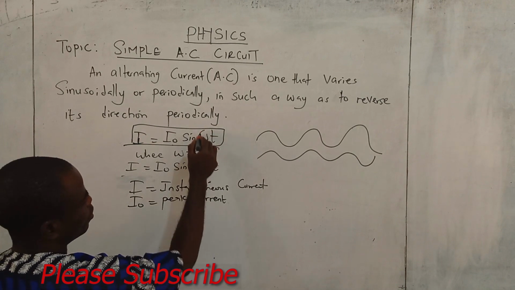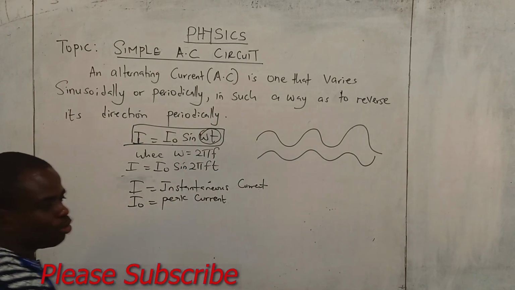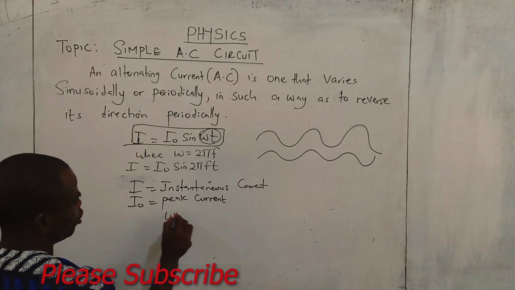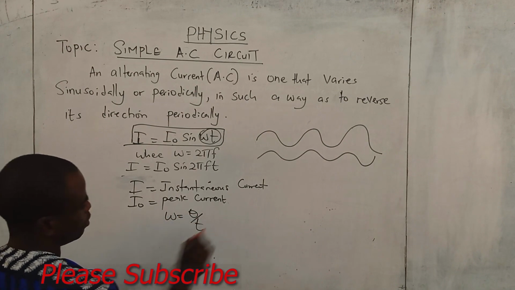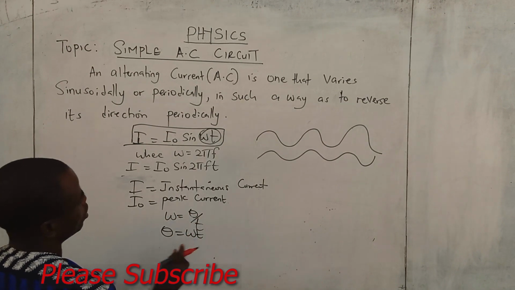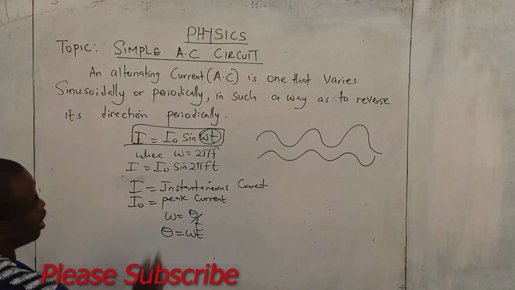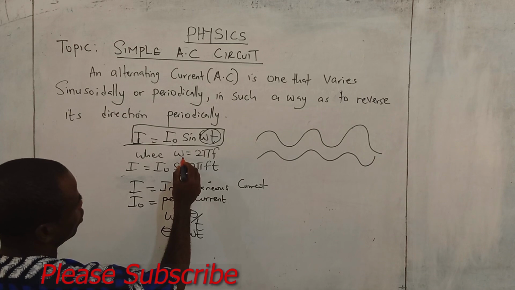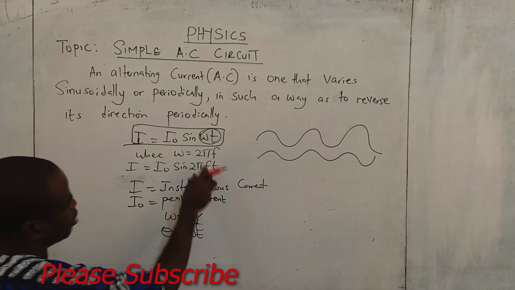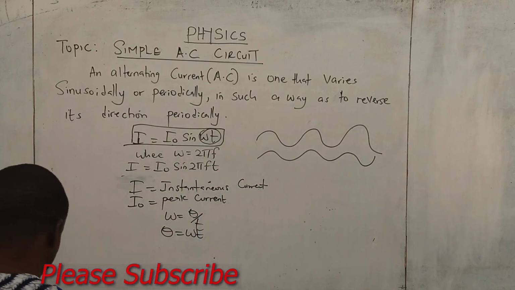This is omega t. If you remember, omega equals theta over t, so theta equals omega t. You just replace the theta with omega t, and omega, the angular speed, equals 2 pi f. Put it back, and you have that.